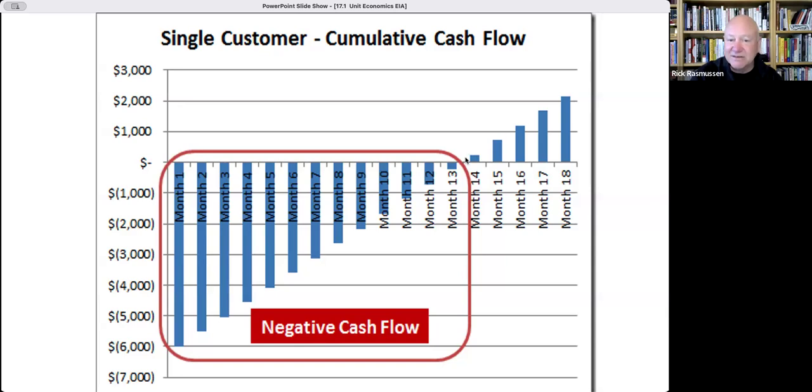This is a big deal. This is a glorious day, and it basically means that your unit becomes profitable. If you have an annual contract with this company, you would lose money if they cancel the contract after the first year. So ideally, what you'd like to do is one of two things.